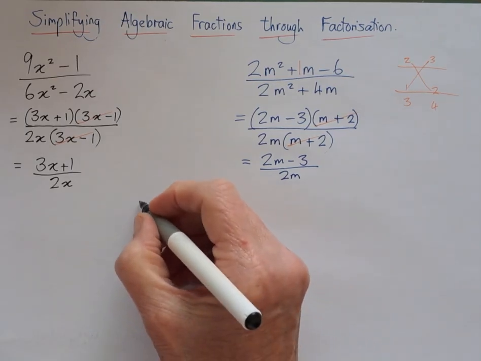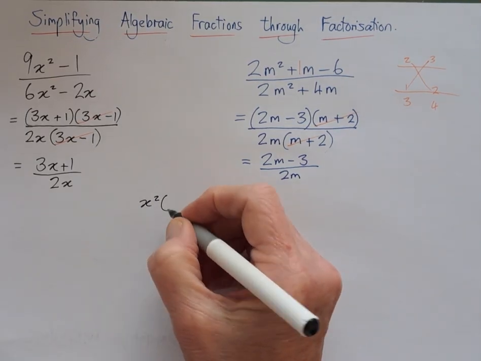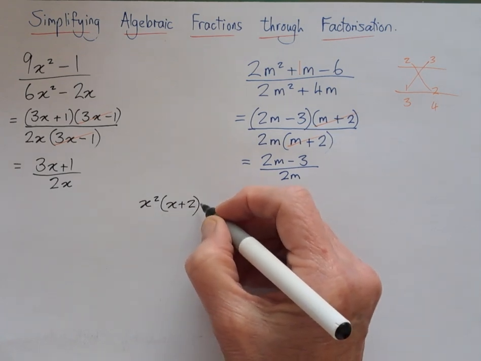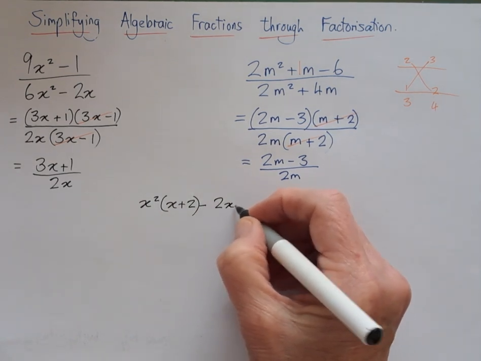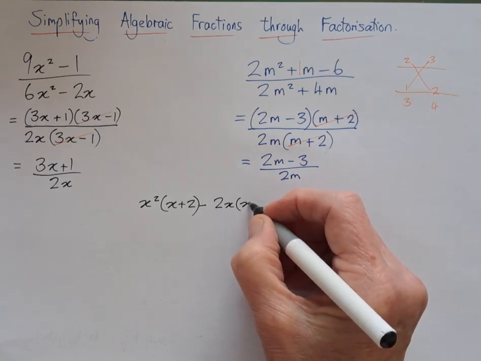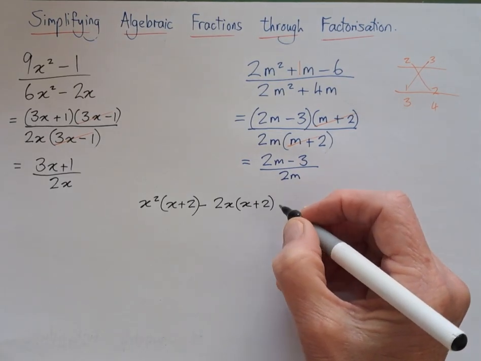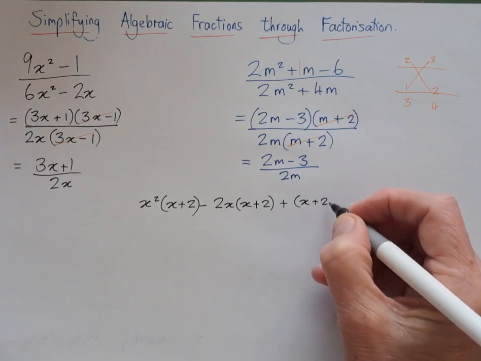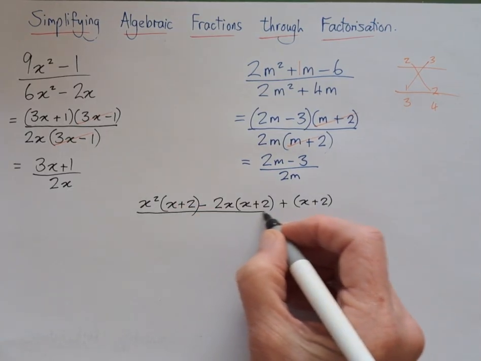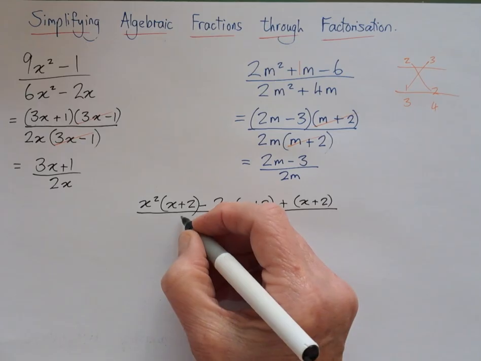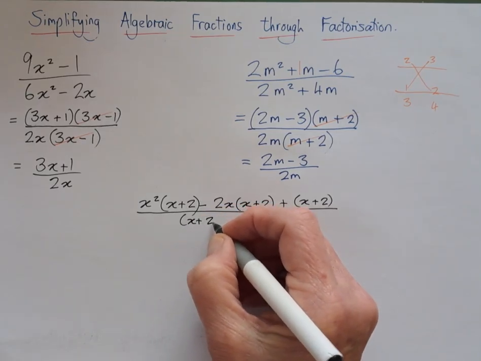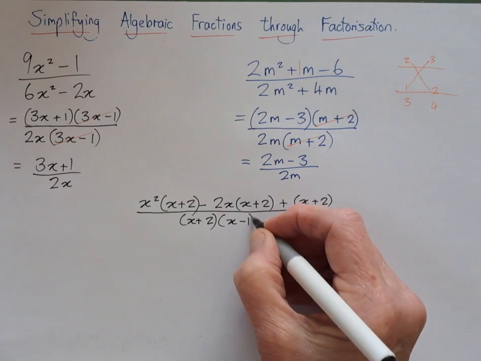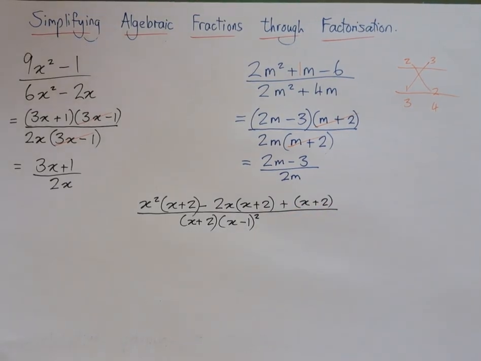So it's x squared bracket x plus 2 minus 2x bracket x plus 2 plus x plus 2 all over x plus 2 bracket x minus 1 all squared.